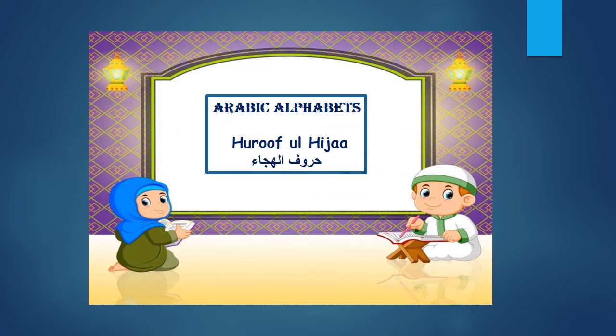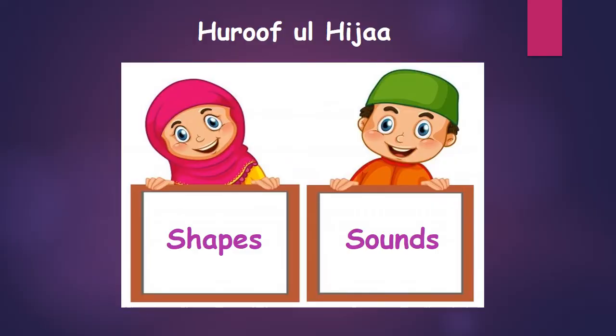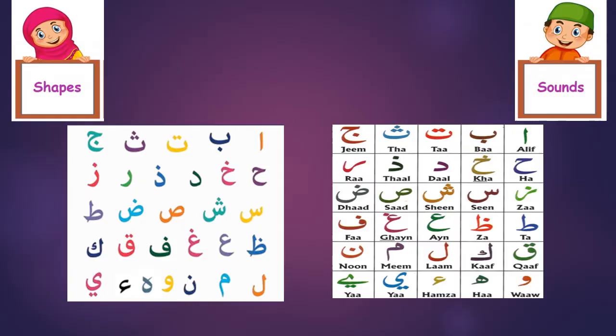We have done Arabic alphabets, Huroof al Hijaa, and I have told you that Huroof al Hijaa have shapes and sounds. Every letter has a shape or name and a sound.